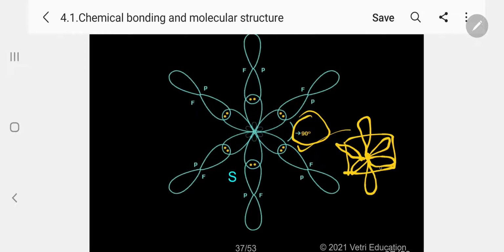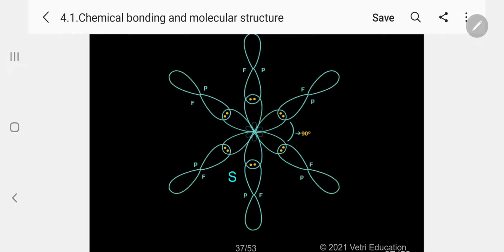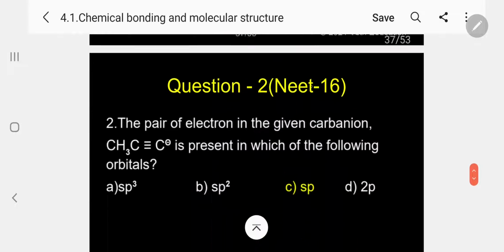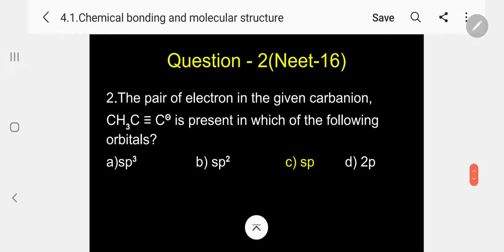For your understanding, I will say square planar, plus two orbitals, one above and one below. So we are calling it octahedral. Please remember, the angle is 90. This is octahedral shape. I hope this is enough for hybridization.